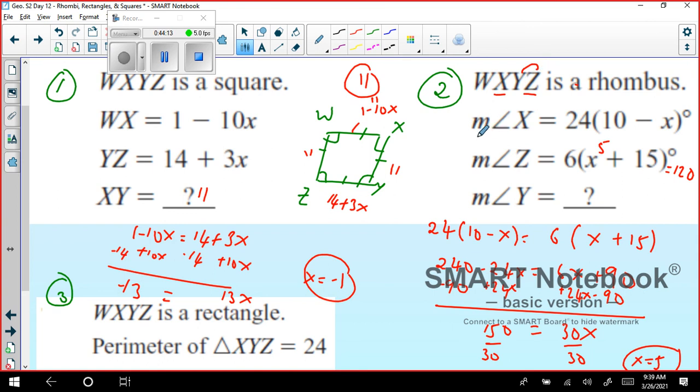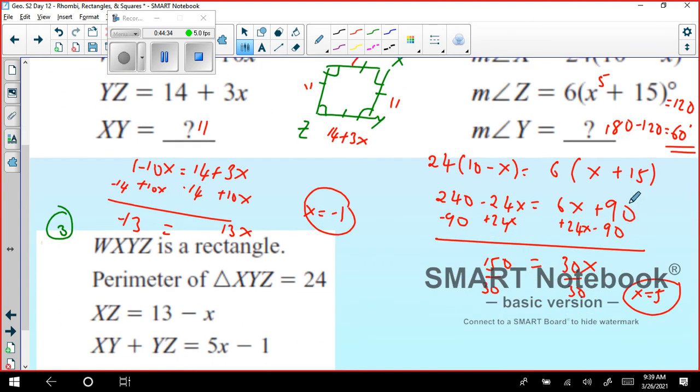In case of a parallelogram, we had seen that the adjacent angles add up to 180. If this is 120 degrees, then angle Y is 180 minus 120, which gives us 60 degrees. Okay, so the final answer for this is, measure of angle Y is 60 degrees. So I hope this is clear.